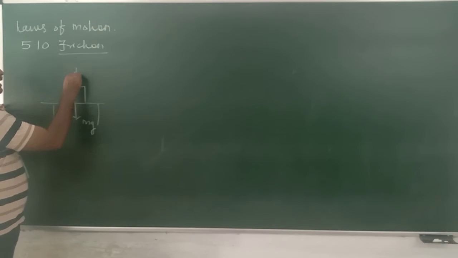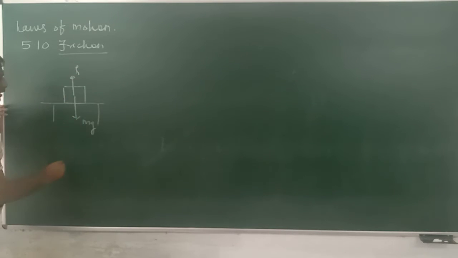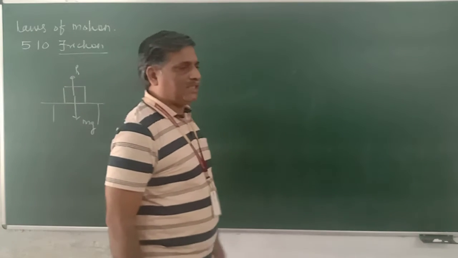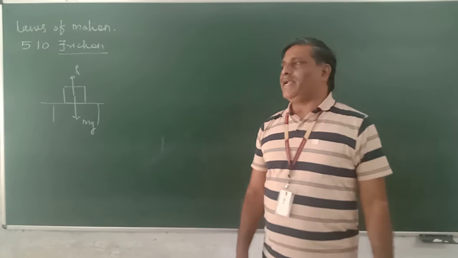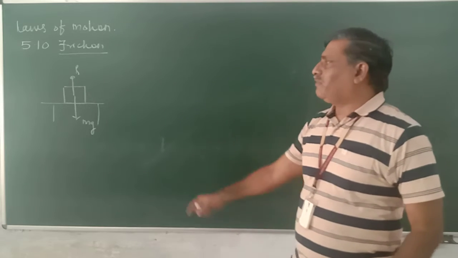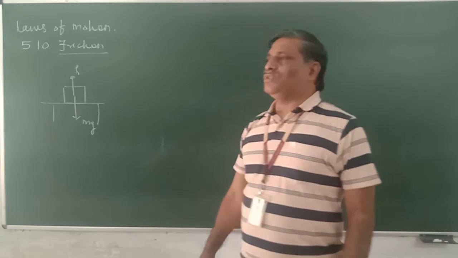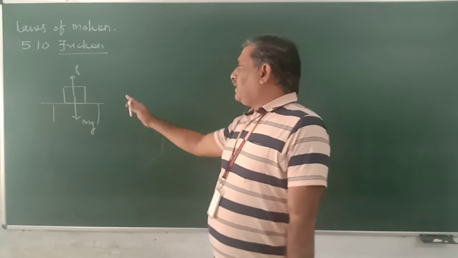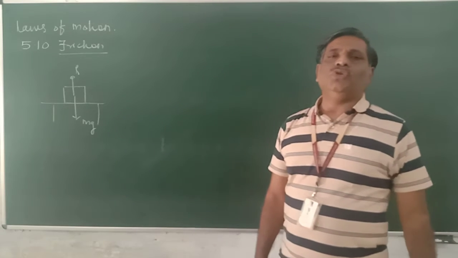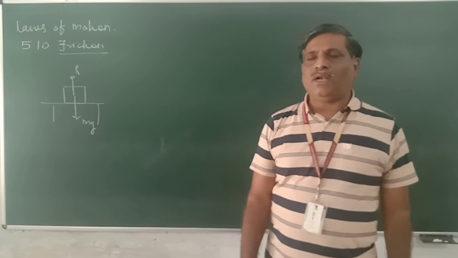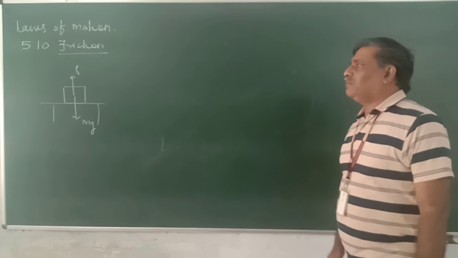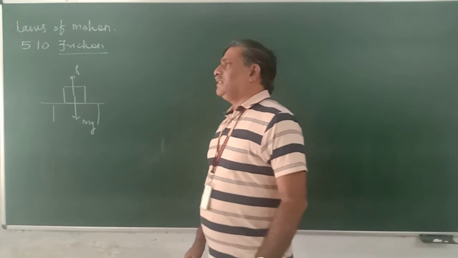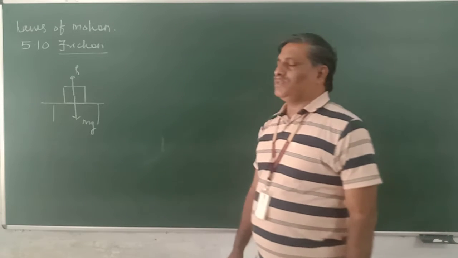Another one is the reaction R. R and mg are equal and opposite, weight and normal reaction. Therefore, there is no net force in the vertical direction. It is at rest, which means there is no force along the parallel direction of the surface also, so it is 0.